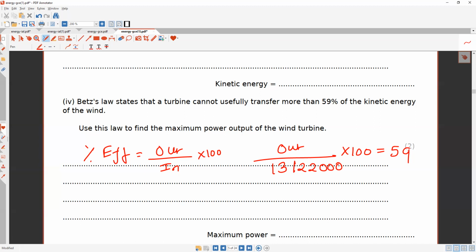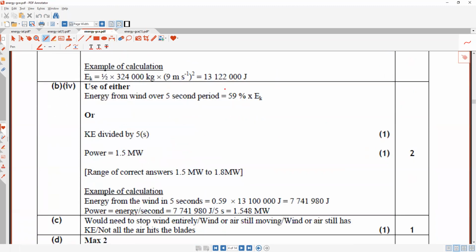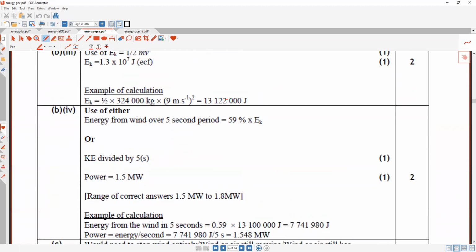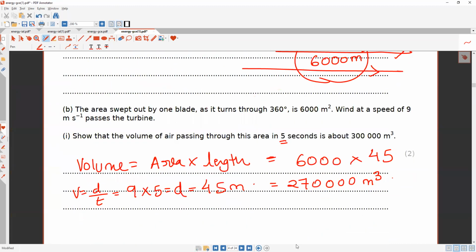What is the answer? 77419, divided by 1 second, so that is the power, because this is the energy divided by time. This was over 5 seconds.